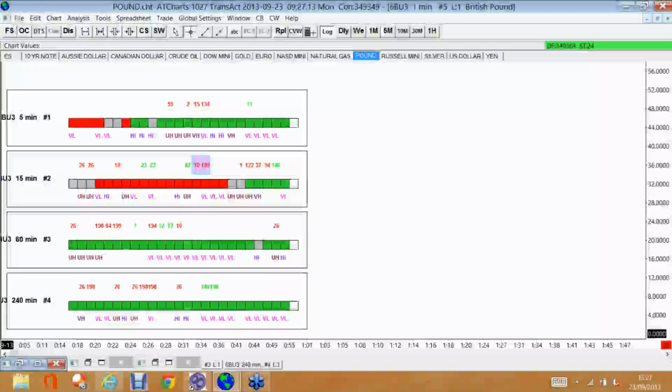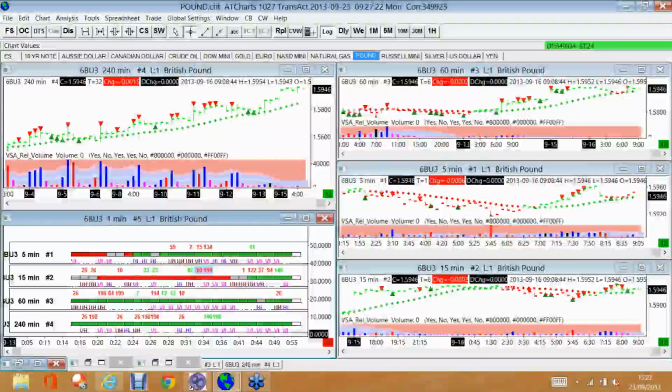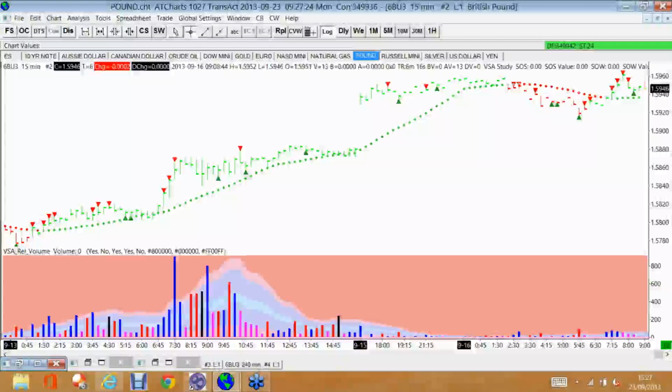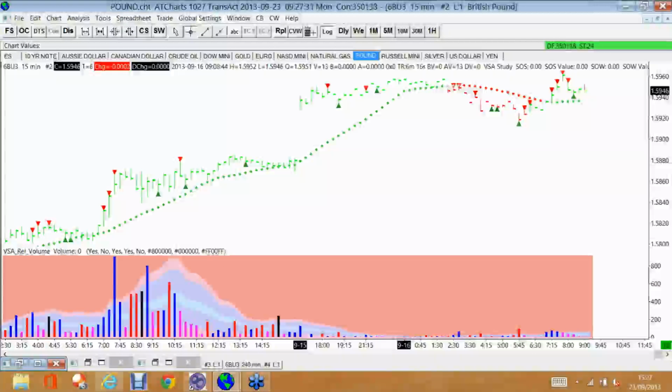So there we had what looked to be and what was weakness appearing. So if we go to the 15-minute chart of the British pound here, you can see what they did up here. Look, there's the weakness appearing, and they mark it down here, down to the round number. So that's where it went down.